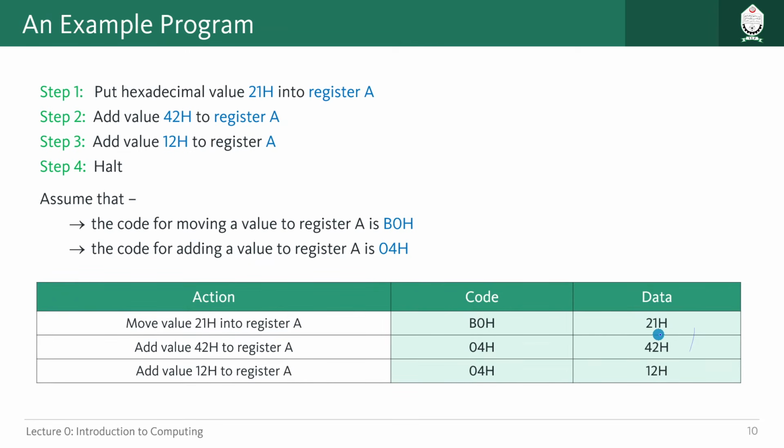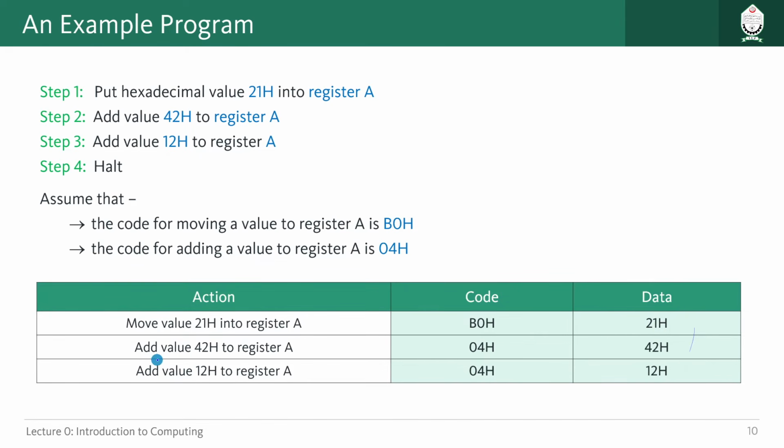So for that, this is the data. So first of all, there will be the code and then the data. So opcode and then operand. So maybe in the next lecture we will try to understand what is opcode, what is operand, what is mnemonic, this kind of thing. But this is the general format of the code we have to understand this program.